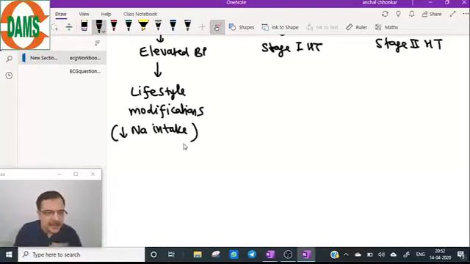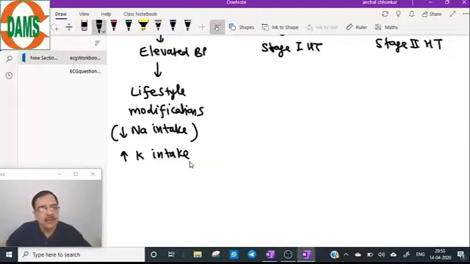Second important thing, we will ask the patient to increase potassium in the diet. Reason being, potassium from dietary sources like fruits, banana, they have high potassium.